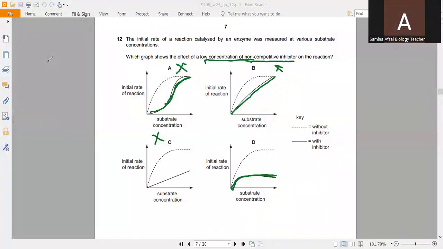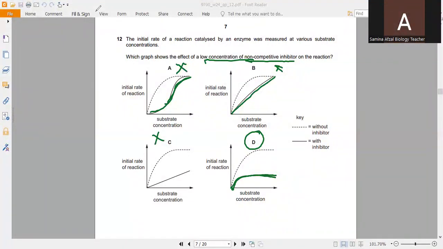It means D is the correct option. Because I have already told you that when there is a non-competitive inhibitor, it will bind anywhere on the enzyme, and then it will change the shape of the active site, due to which the reaction will not proceed. So D is the correct option in this case.